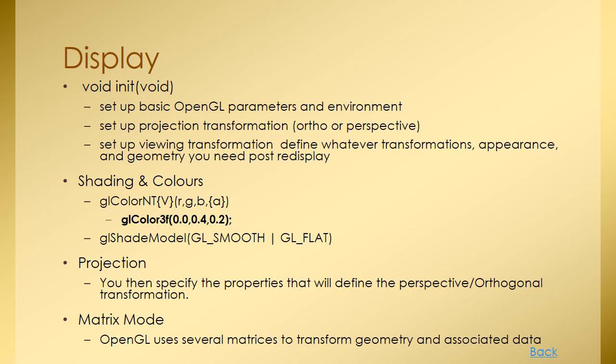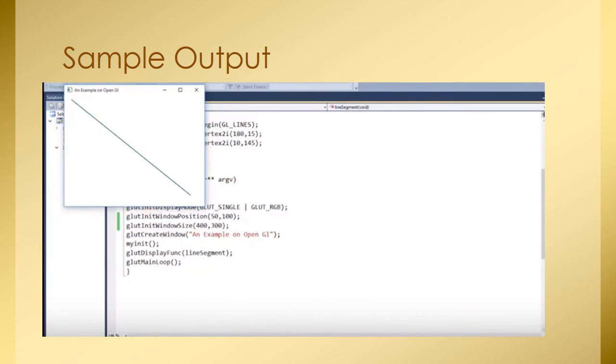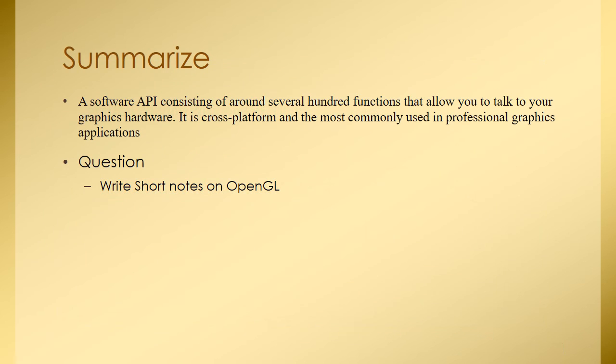You can specify the properties of perspective or orthogonal transformation using projection matrices. This is a sample output of the sample code given. So to summarize, OpenGL is an API consisting of several functions which can be used to render 2D and 3D graphics.